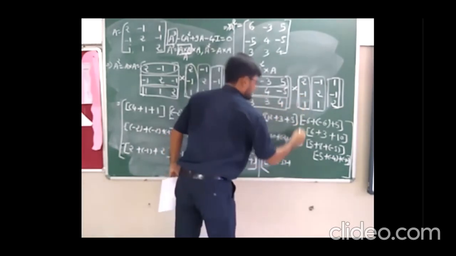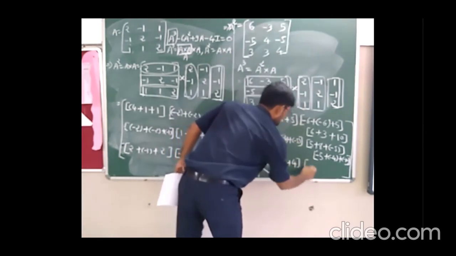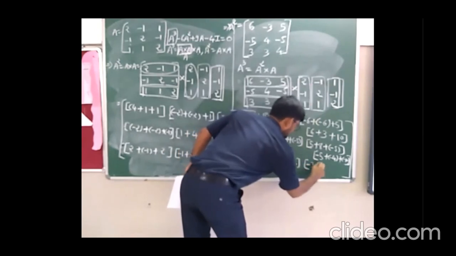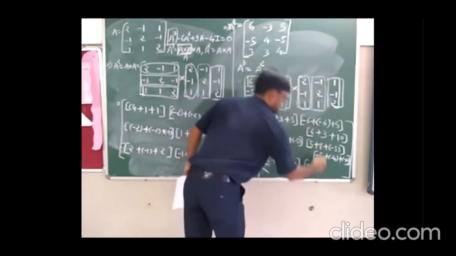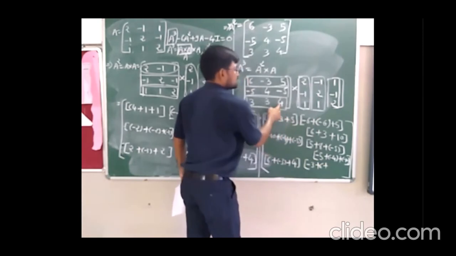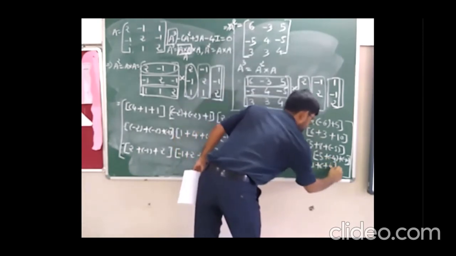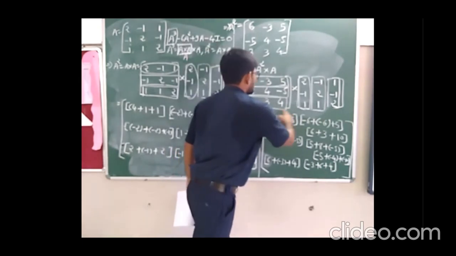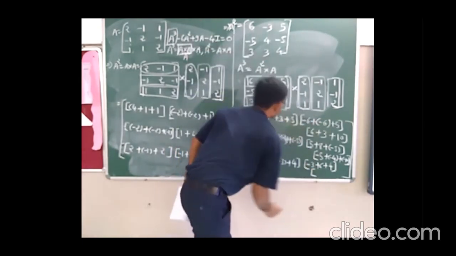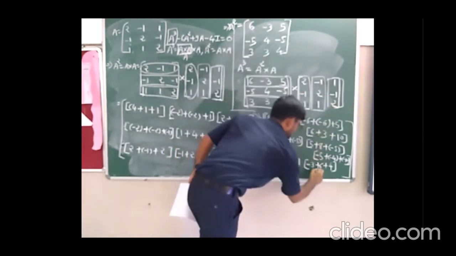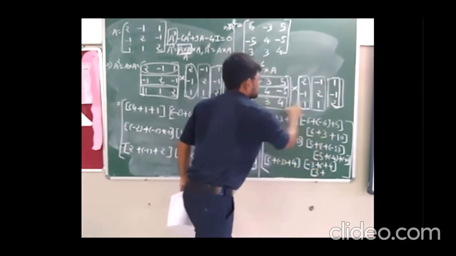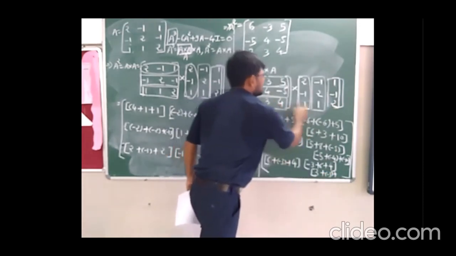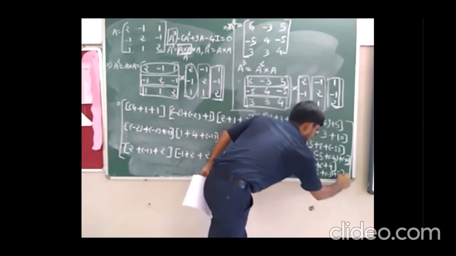Plus third into third, 4. Third row, second column. First into first, minus 3. Second into second, 6. Plus third into third, 4. Now again multiply third row with third column. First into first, 3. Second into second, plus minus, minus 3. And third into third, that is 8.